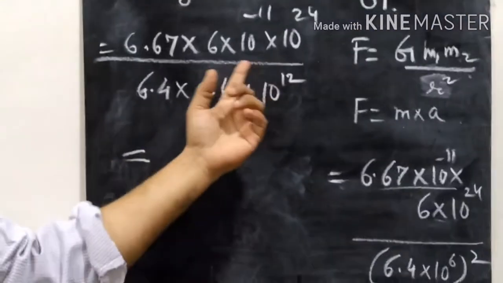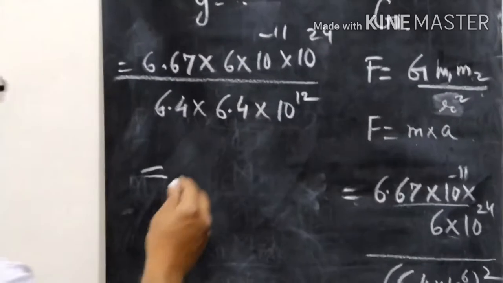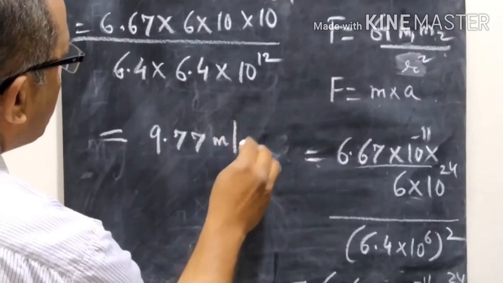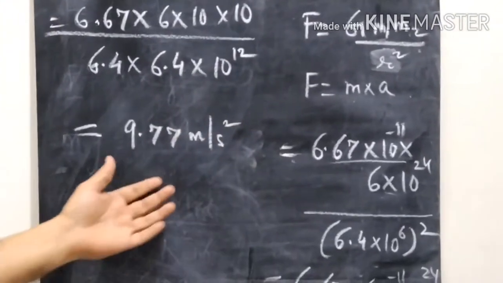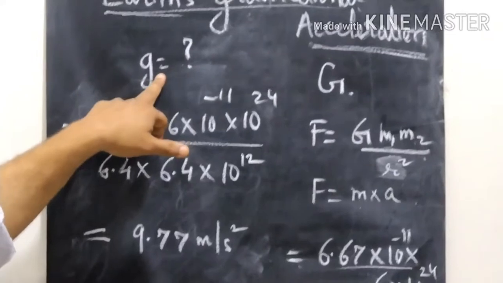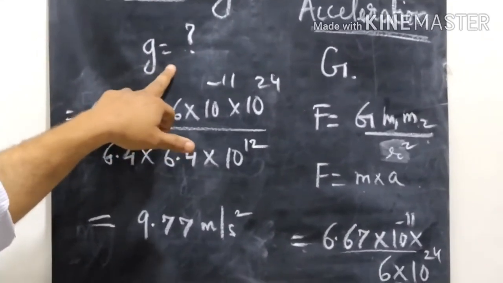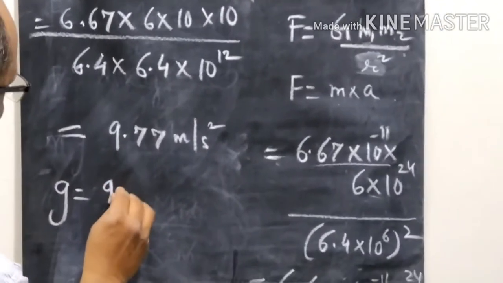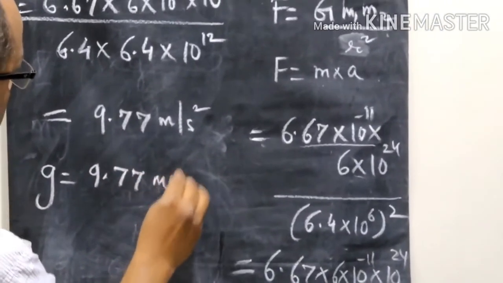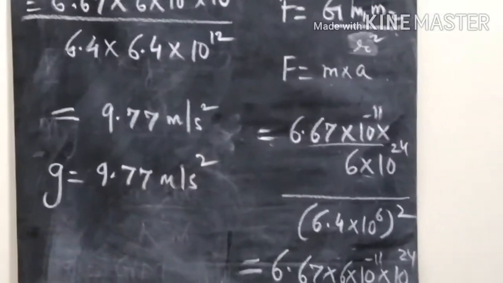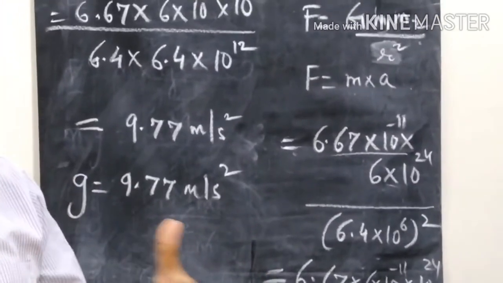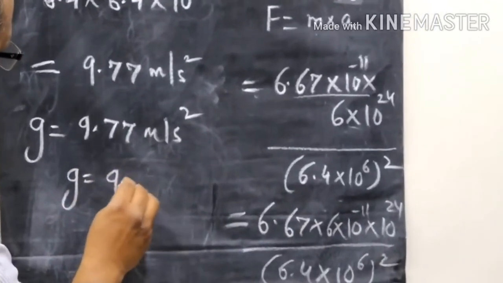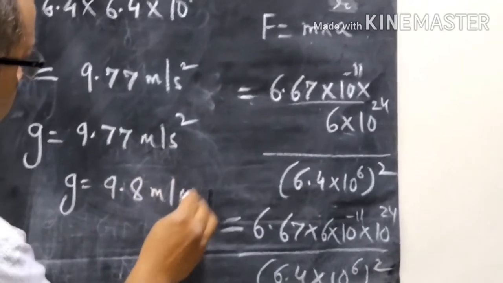If you calculate this total, you will get a value near about 9.77 meter per second square. This was our intention in the beginning, to find the value of small g. So g is equal to 9.77 meter per second square. Generally, in our regular practice or in examples, we take this value as g is equal to 9.8 meter per second square.